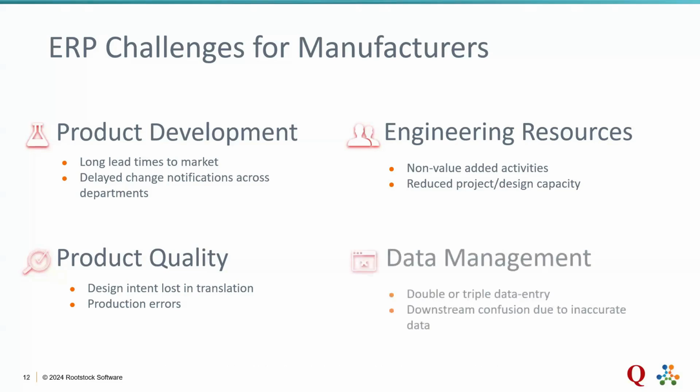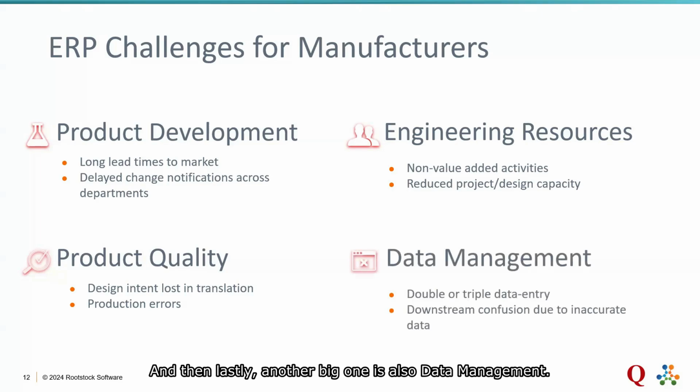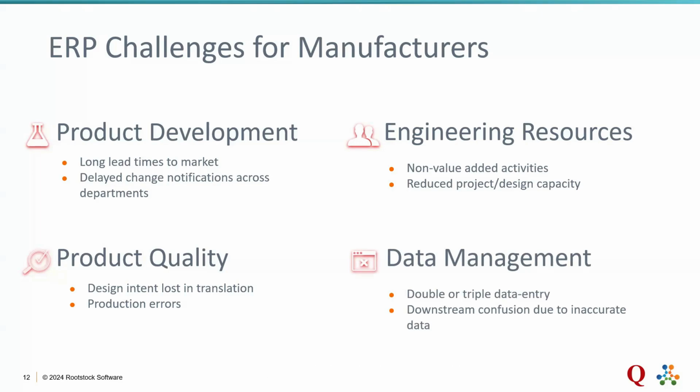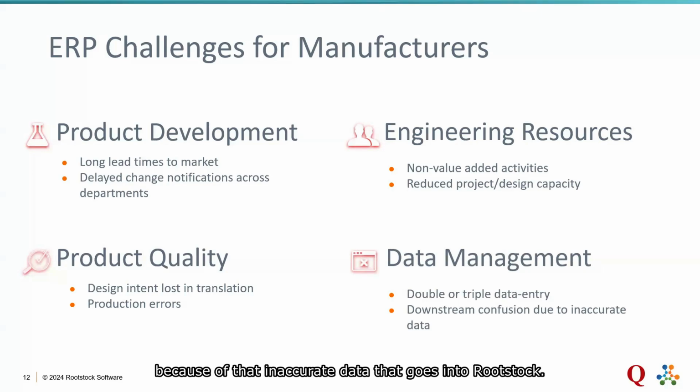And then lastly, another big one is data management, because most of the time the prospects will be doing manual data entry or using a simple import-export tool. With these two methods, they'll have a lot of issues with double and triple data entry, and also downstream confusion in the shop floor or purchasing because of the inaccurate data that goes into Rootstock.